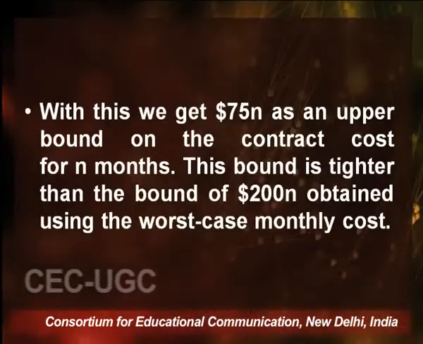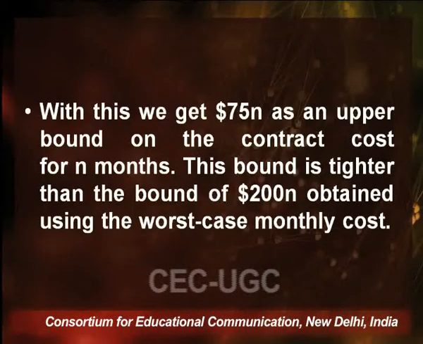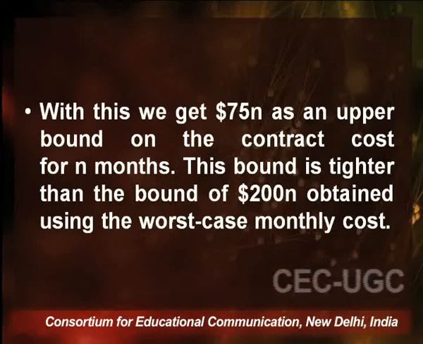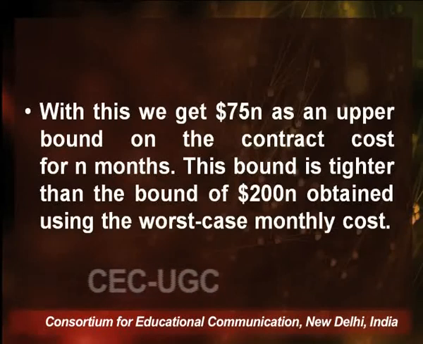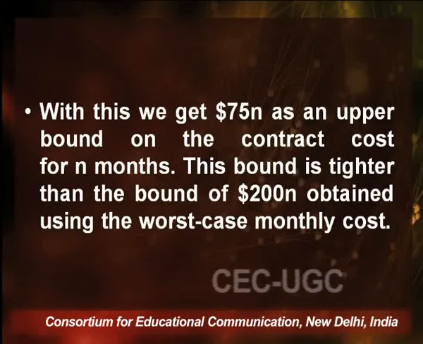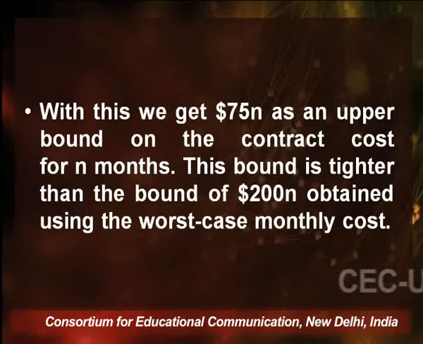And we have got $75 times n as an upper bound on the contract cost for n months. So here if we look at a sequence of n months, we are going to get 75 multiplied by n, as compared to what we got in our worst case analysis, which was 200n.